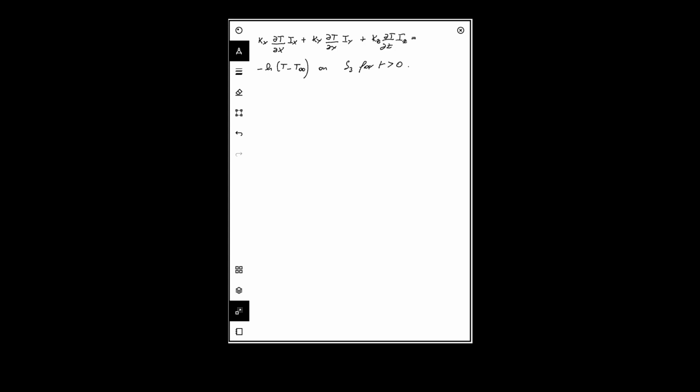Now consider the second integral and divide the domain in S1, S2, S3.